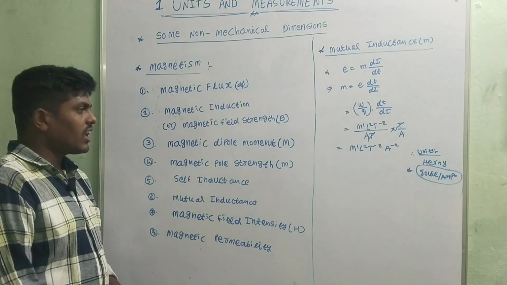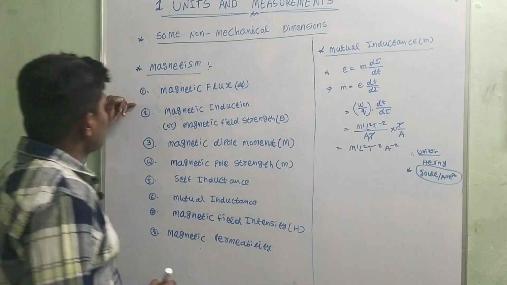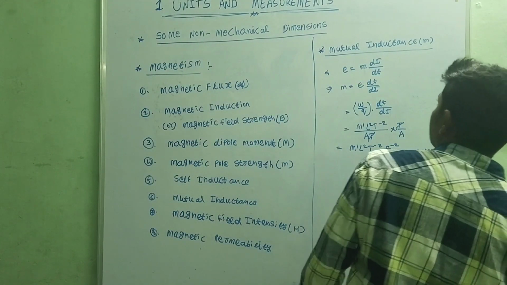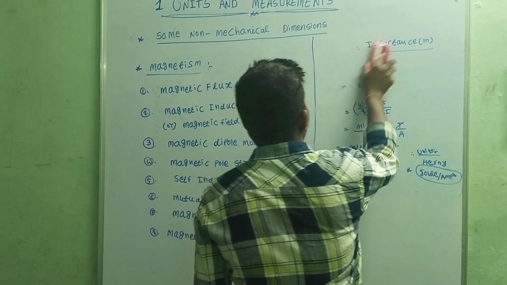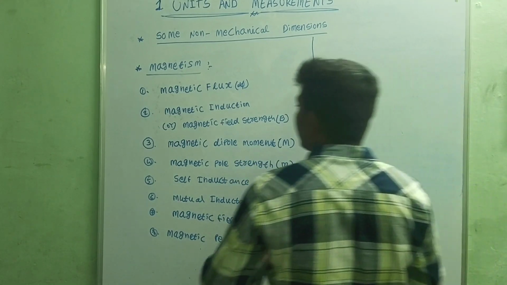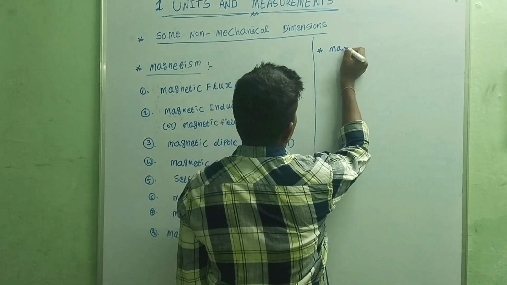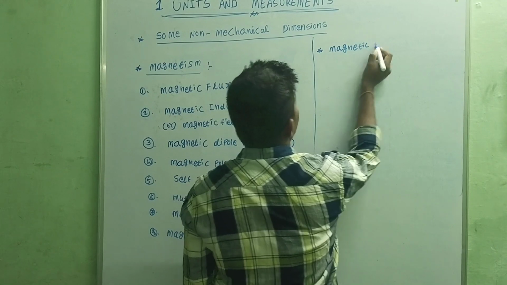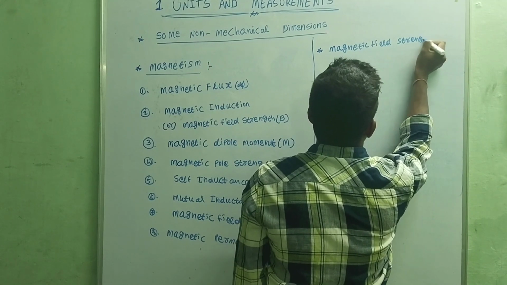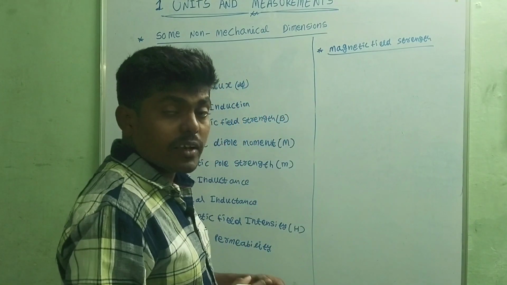Next we want to write the dimensions of magnetic induction or magnetic field strength. It can also be called magnetic flux density.